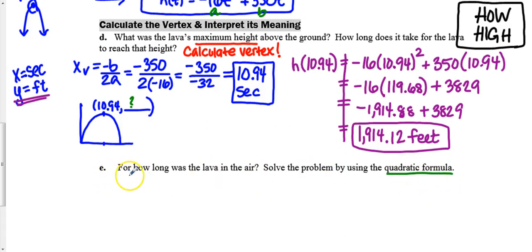Whenever you read something that says, how long was something in the air, you're trying to find, if I draw another picture, don't make it too big because we're going to use this space, make it small. You're trying to find this point right here, because there it's done traveling.